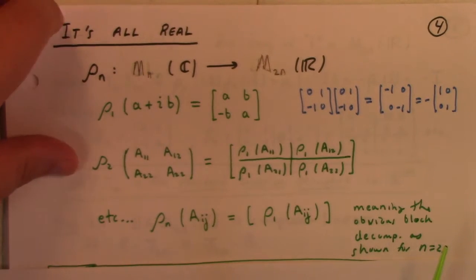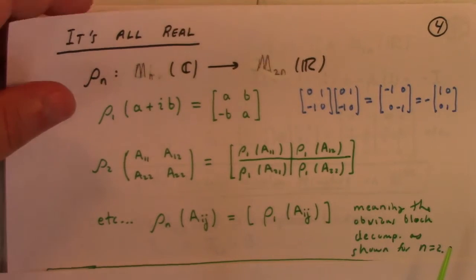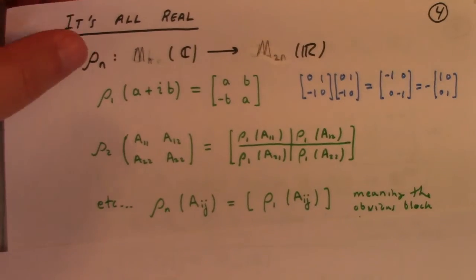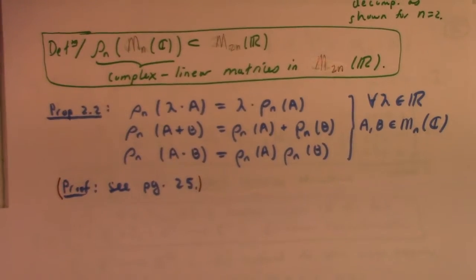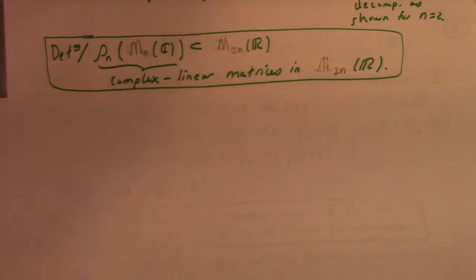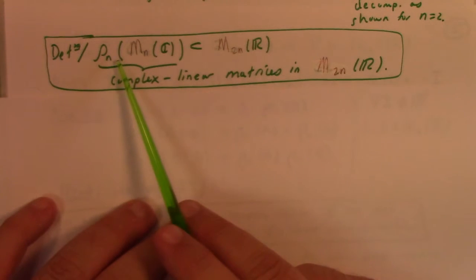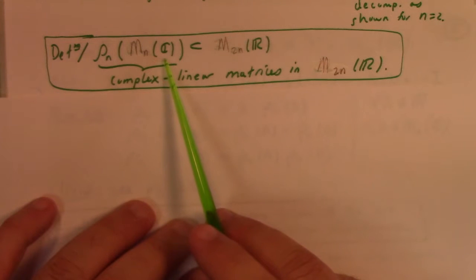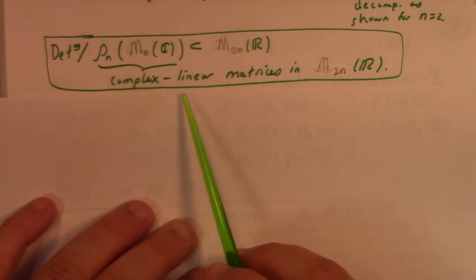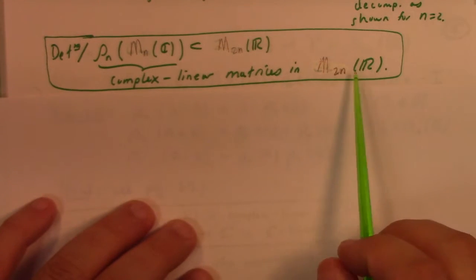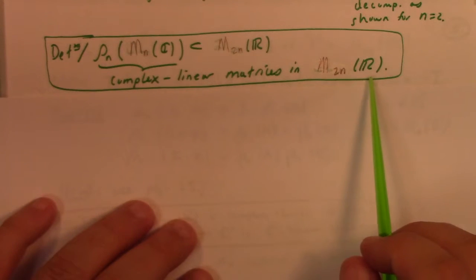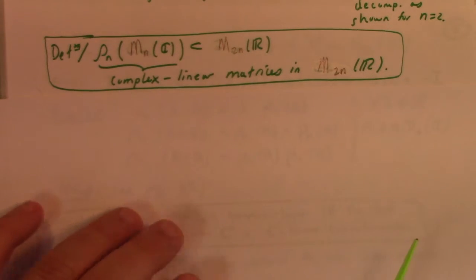That's the natural correspondence between n by n complex matrices and 2n by 2n real matrices. They have a name. The image under row n of the n by n complex matrices is called the complex linear matrices in 2n by 2n real matrices.